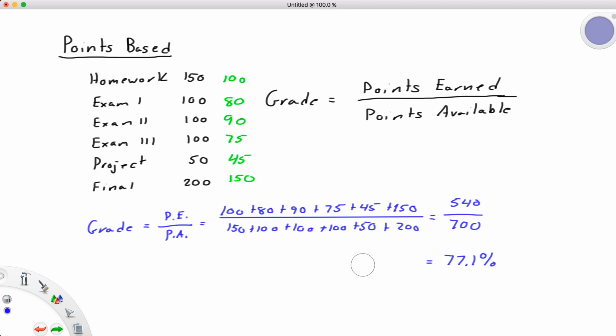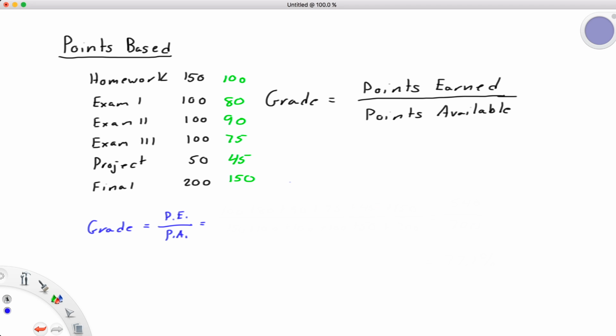And this method will still work the same, even if, say, we haven't completed all of the portions of the grade. So if we considered that we might want to estimate our grade before we've taken the final, we can still apply the same idea. We'll add up all of the points earned.